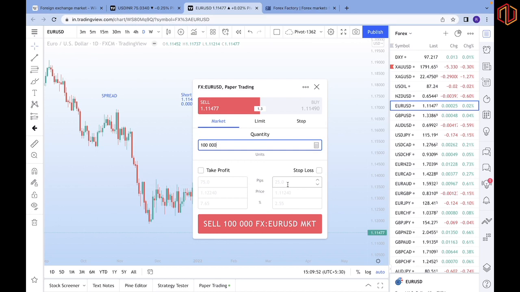It says 1 pip. Okay, so 1 pip is $10. That's what you have to understand in this particular case.